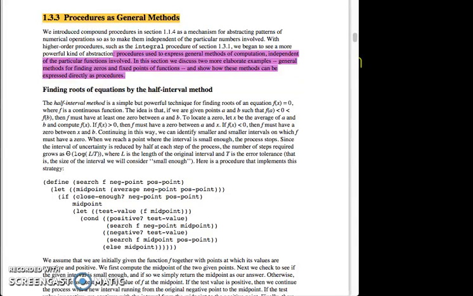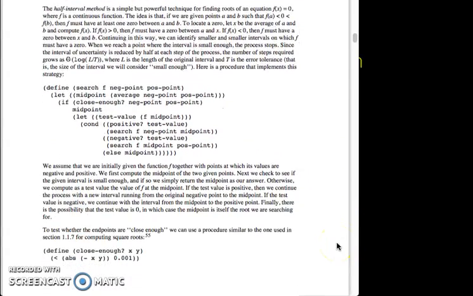Check to see if positive applied to the test value is true, then apply search to f, neg point, and midpoint. If negative applied to the test value is true, search f, midpoint, and positive point. Otherwise, return the midpoint.